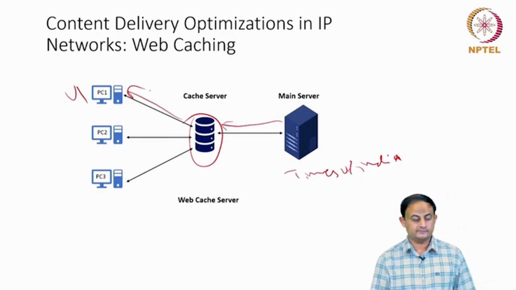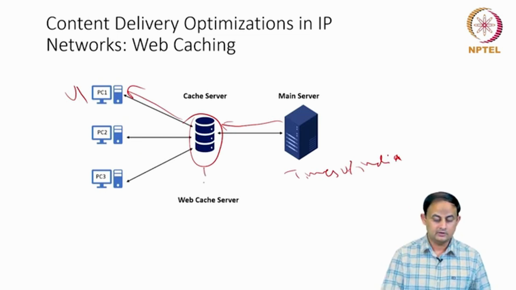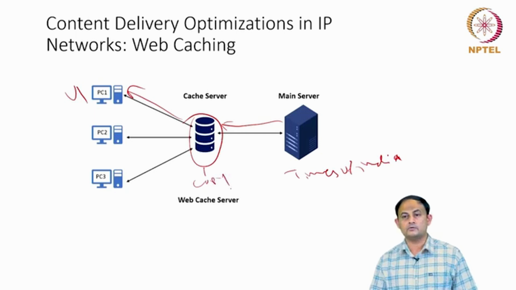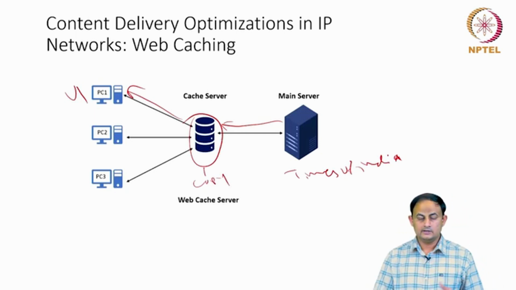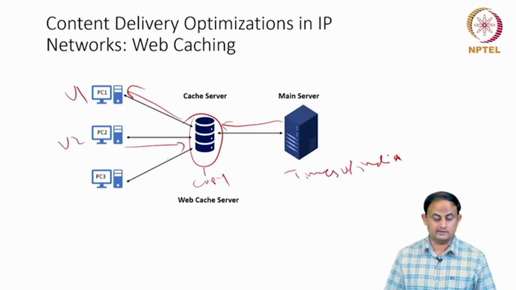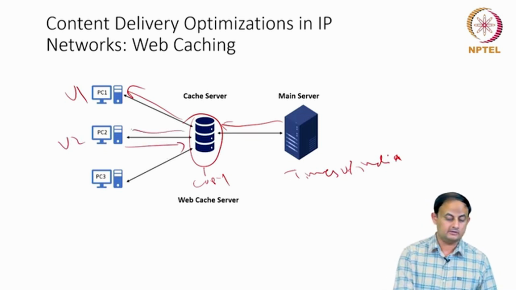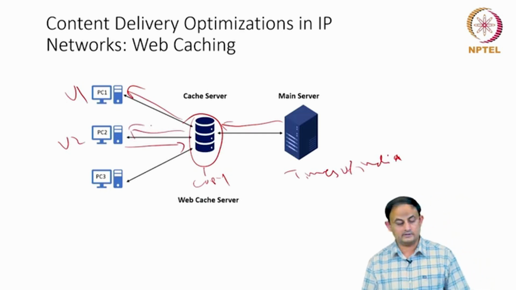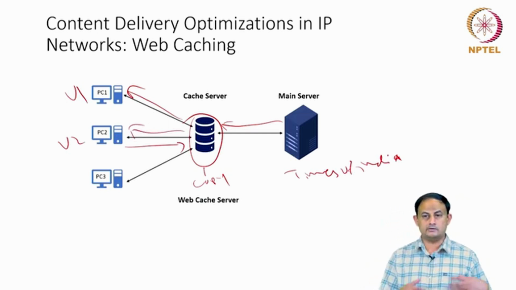In the process, this caching server also keeps a local copy of the same web page, and then when user U2 from another PC makes a request, the content, instead of going all the way to the Times of India server, can be served from the cache to the end user.